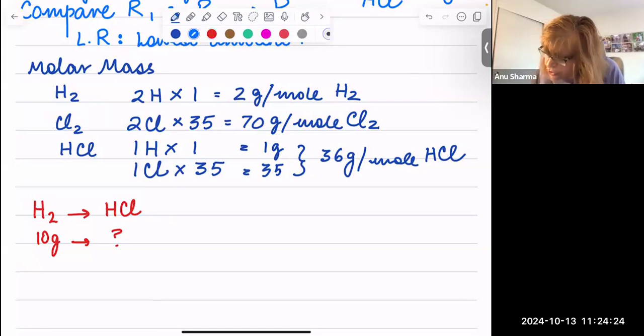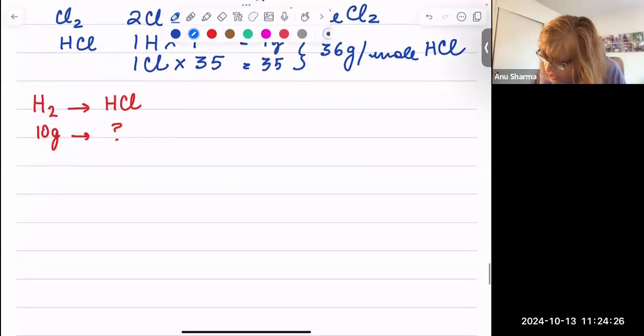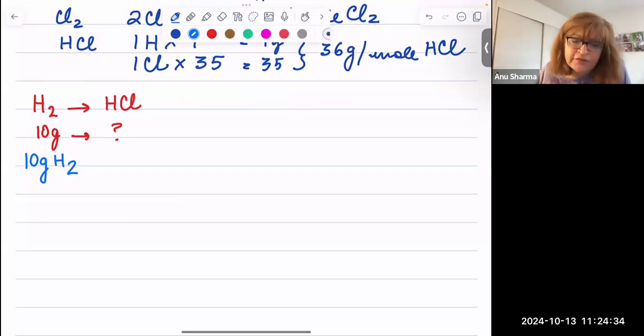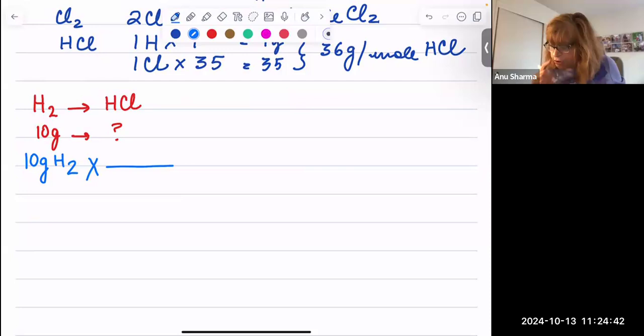Now this thing, I'm going to show you, you can write this in one line. So 10 grams of hydrogen, first step is to convert to moles. Now, H2. That is a mistake students make. Sometimes they just put H. No, it's H2. I had some students practice on the board after the lecture, and in general I see this common mistake also.